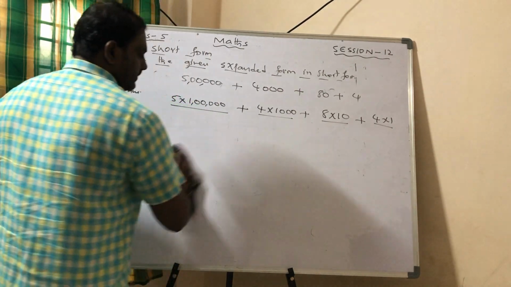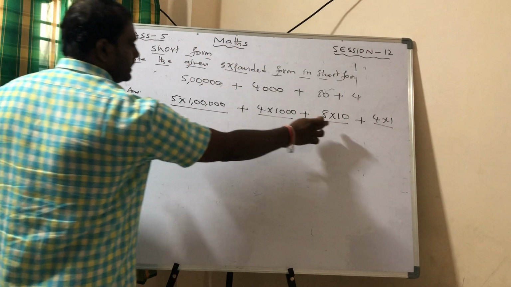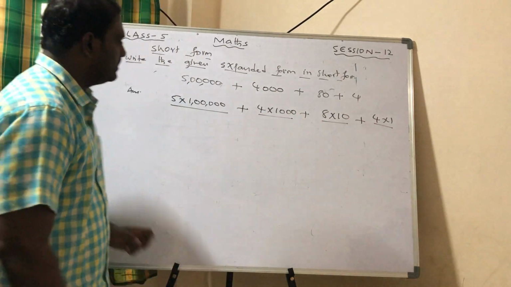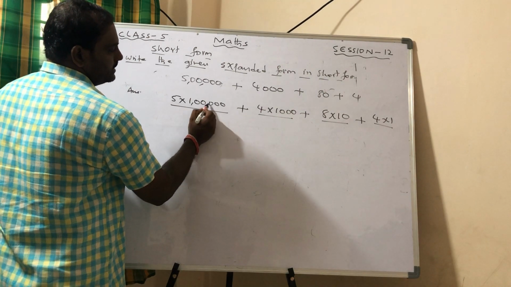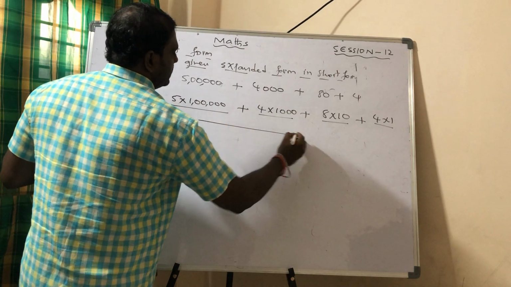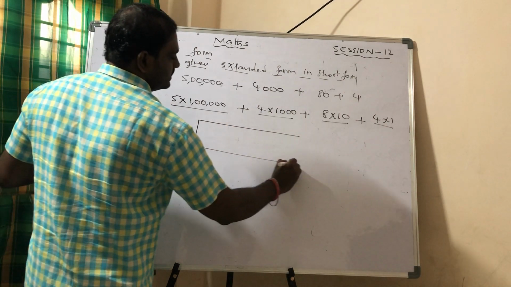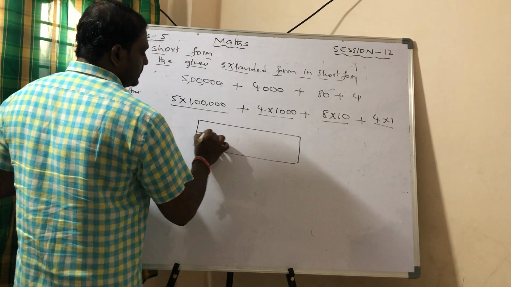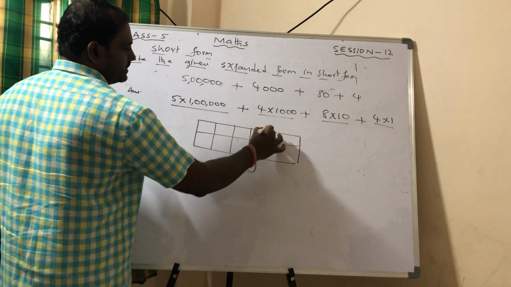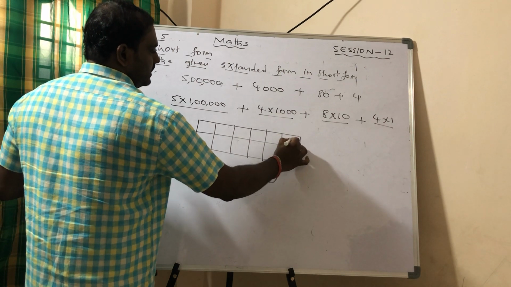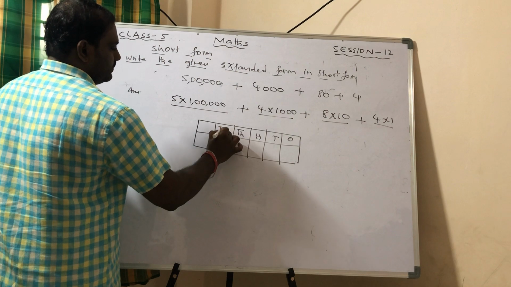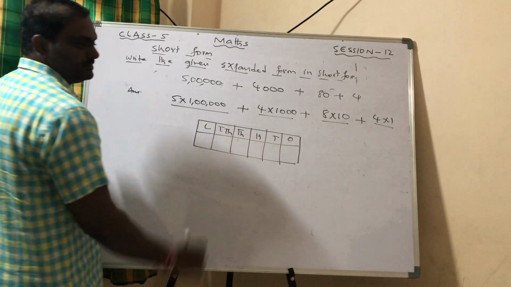First of all, basing on this, it's okay. In some cases, it is also not given. Now look at this: ones, tens, hundreds, thousands, 10,000s, and lakhs. So lakhs are given. What is the highest one? Lakhs. So lakhs means how many boxes do I have to write? I have to write 6 boxes: ones, tens, hundreds, thousands, 10,000s, and lakhs.